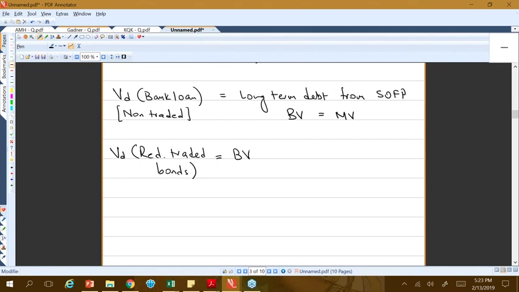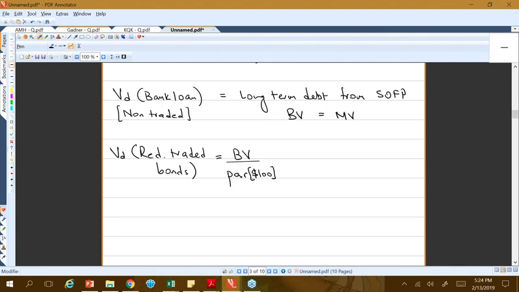We'll take the book value of these bonds, and then we will divide this book value by the par value of the debt. Now, the word par value, again, is nominal, face value, all the same. But the par value of the debt in our exam is always $100.